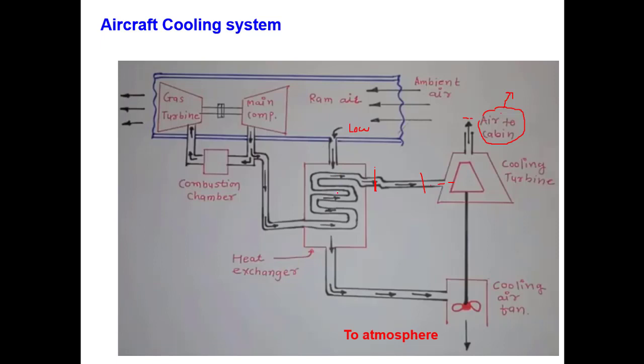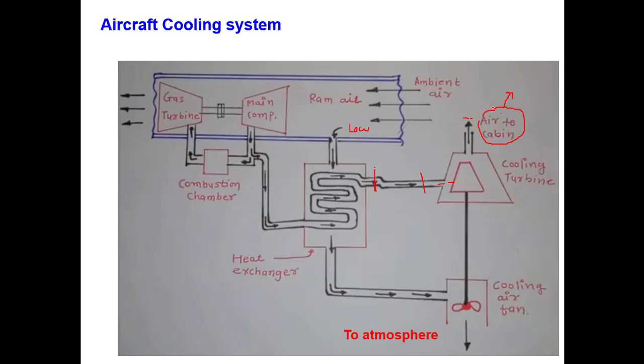Now how can we convert this practical schematic diagram into a theoretical diagram, let's say a TS diagram? You can see basically there are four processes. One of the processes in the refrigeration is the compression process, then the heat rejection process, the expansion process in the turbine, and then the cooling process, I mean the heat absorption process.